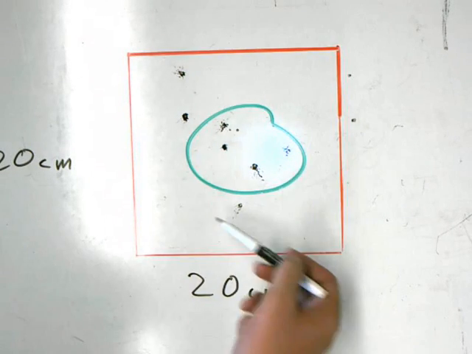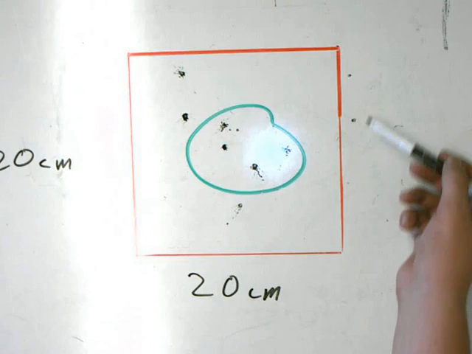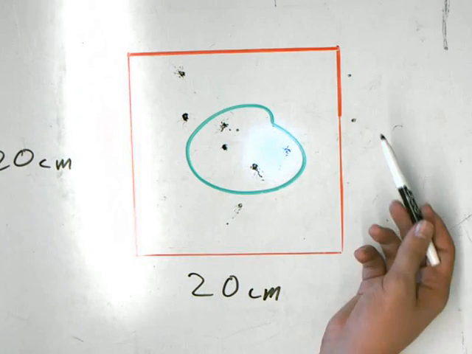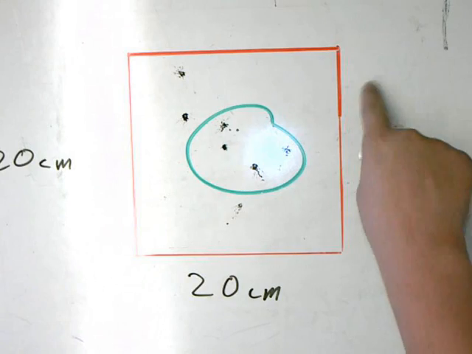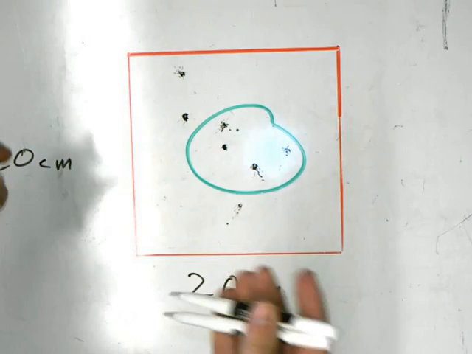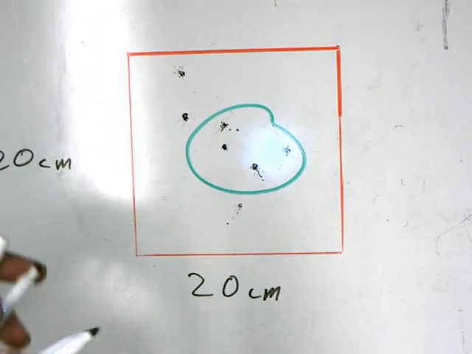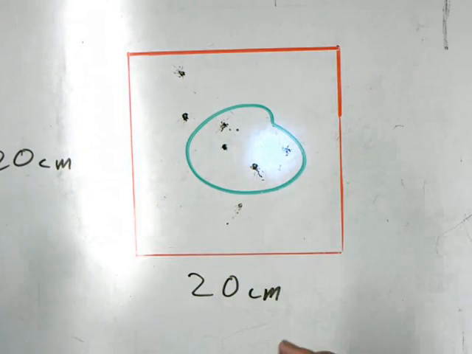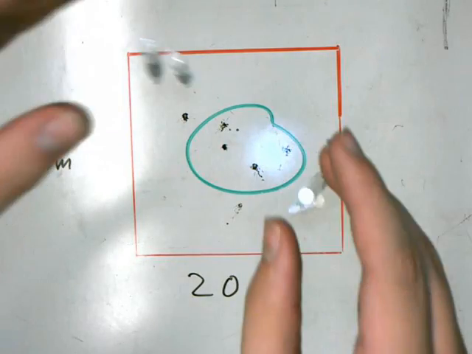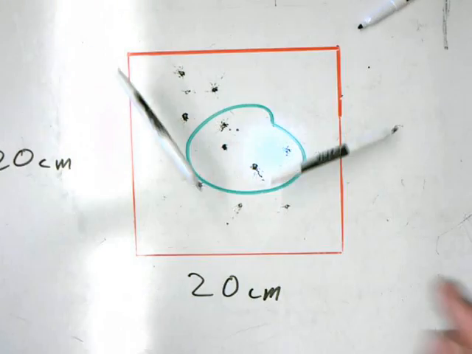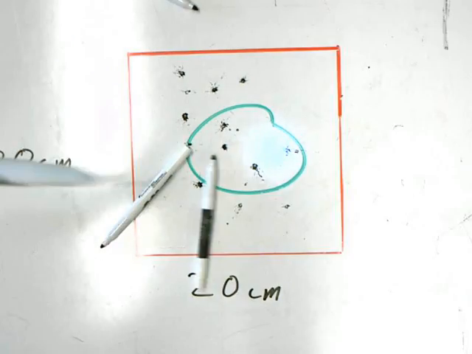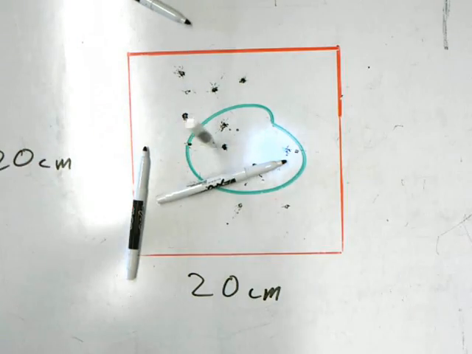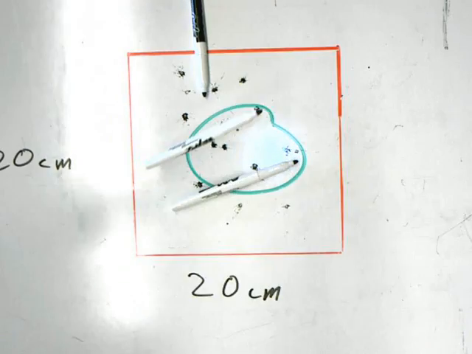So we'll just do this a number of times. And the idea is to keep peppering the shape with dots. Eventually, we'll have enough to do our calculations and figure out how big this shape is.